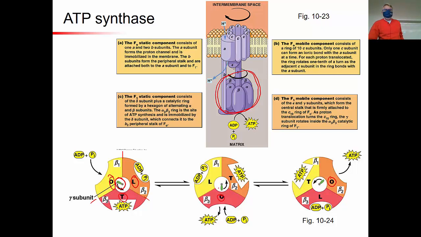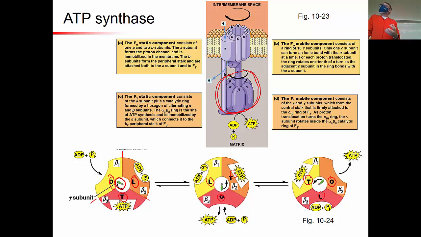So if we look all the way around, to the right of it, loose, left, tense, right of it, loose, left, tense. What this means is as this sweeps through, the top's turning, it's turning the stalk. As it sweeps through, those beta subunits are changing structure, okay? So they're going from the open form to the loose form to the tense form.